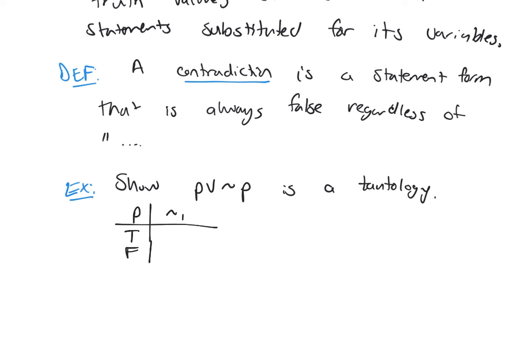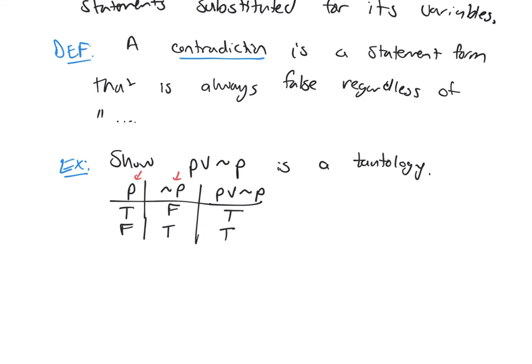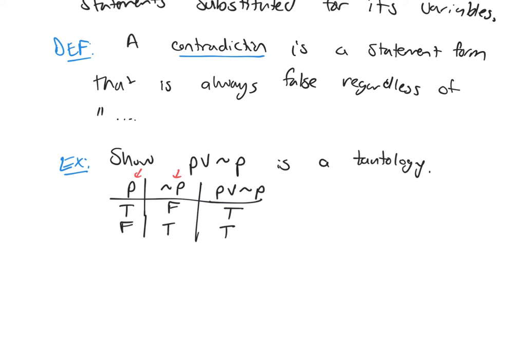Then we form not P, we flip the entries. And then finally, we form P or not P. You look at your first 2 columns and put an or between them. So you get true or true. Look at your column. It only contains T's. That means that this is a tautology.